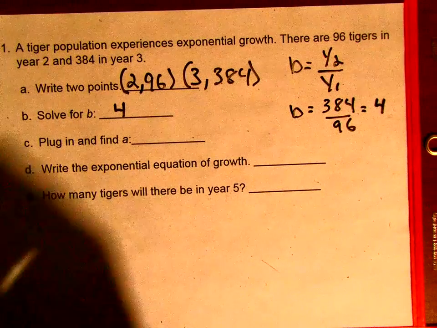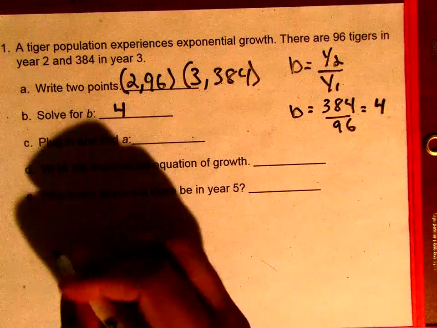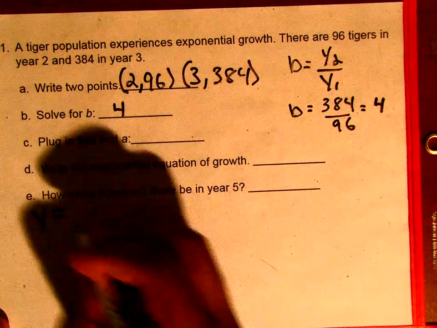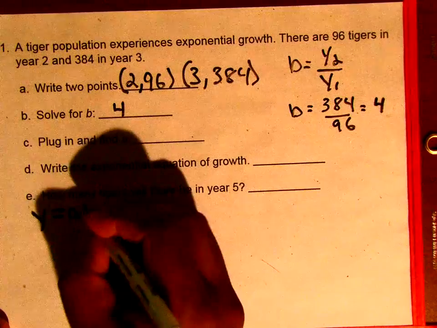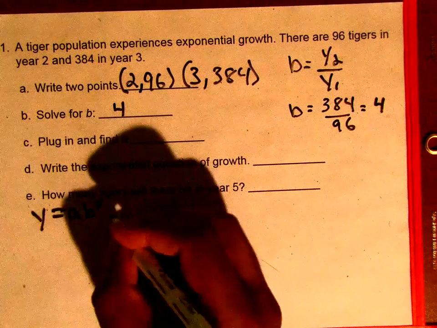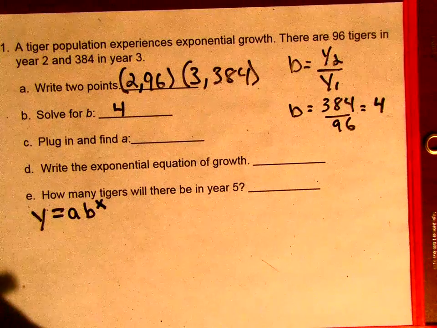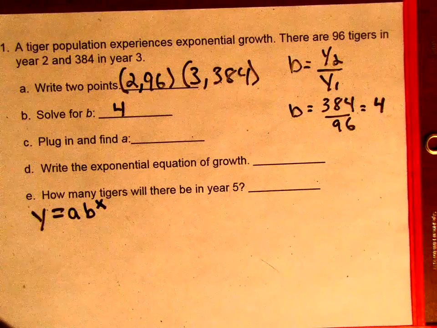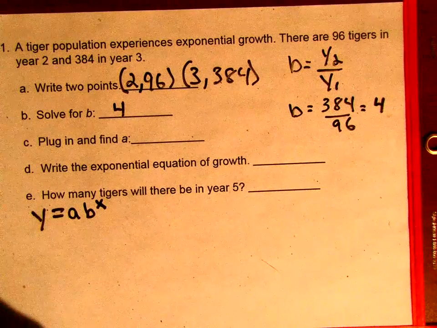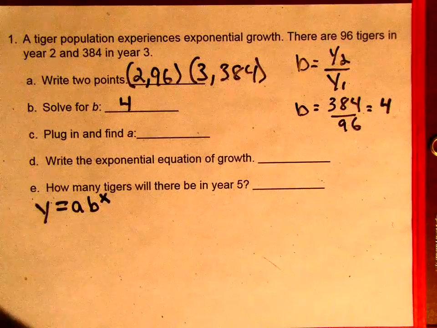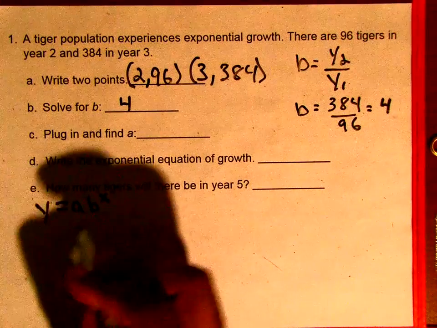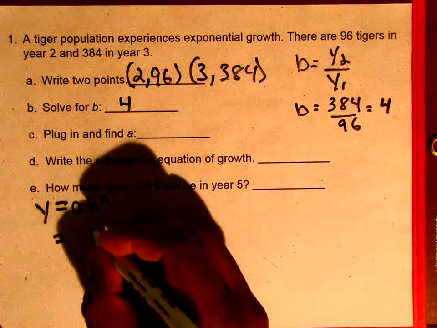Now we're going to plug in and find out what A is. So what are you plugging into? You're going to plug into our exponential formula here, which is y is equal to a b raised to the x. All right, now we're going to plug in what we know, which is B. That's 4.